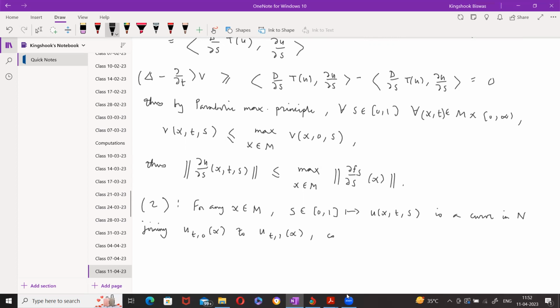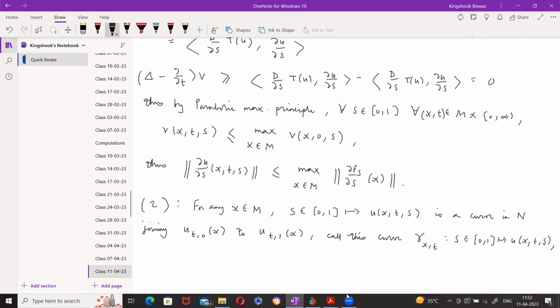Call this curve gamma_{x,t}, so s in [0,1] goes to u(x,t,s).